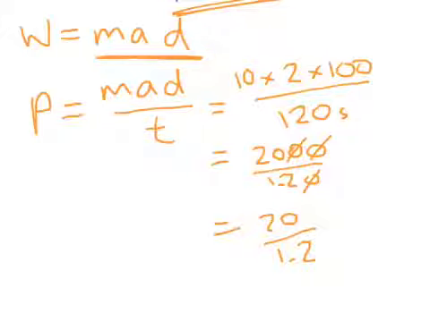We'll just plug that into a calculator, and we end up with 16.6, with the 6 recurring, so let's round it to 16.67 joules of energy per second, or watts.